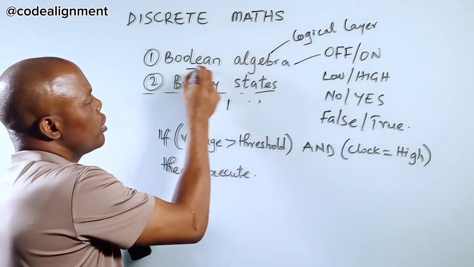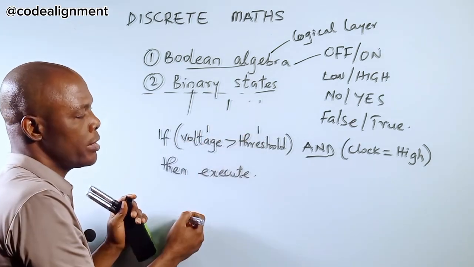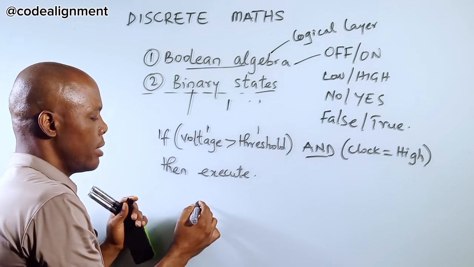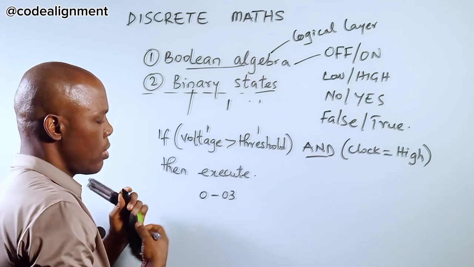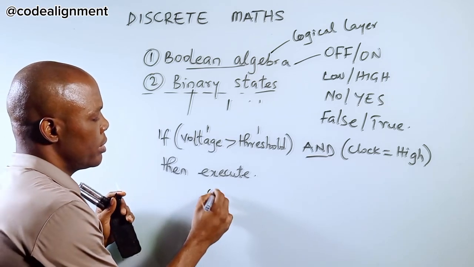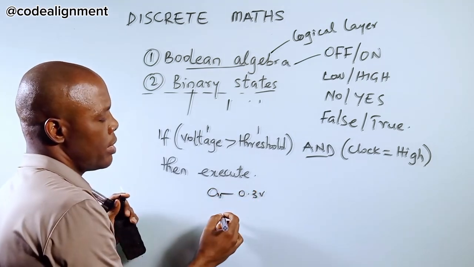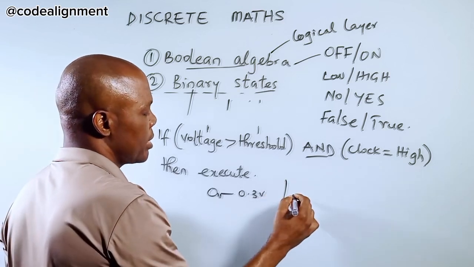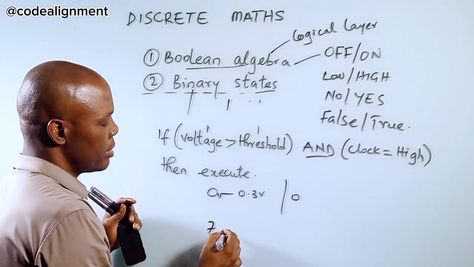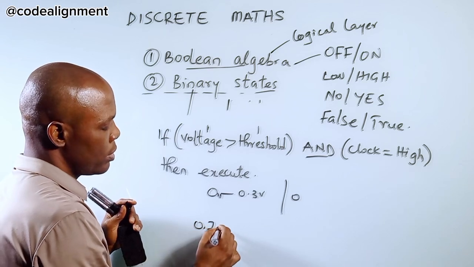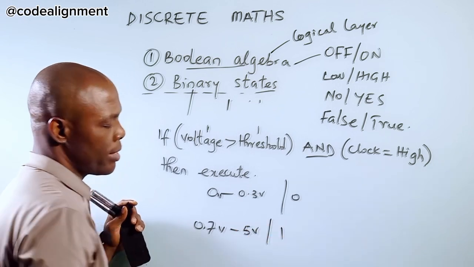Before you can get to this Boolean algebra, which is evaluating the conditions, you need to have the state already. So for voltage, we can say 0 volt to 0.3 volt is considered as 0, while 0.7 volt to 5 volt is considered as 1.